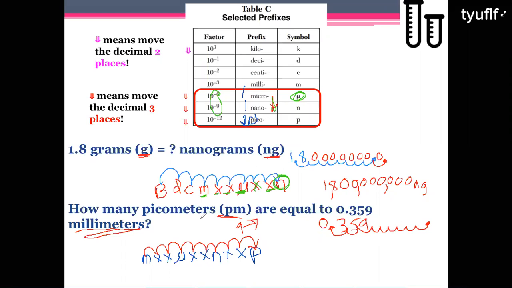I know this can be a little bit confusing, but we're starting off with milli and we're going to pico. With that being said, remember in the spaces, we're going to put some zeros. So that's 1, 2, 3, 4, 5, 6 zeros. So the number actually becomes 359 with 6 zeros. And if you want to put your commas, that's 359,000 picometers. And that's our unit, pm.